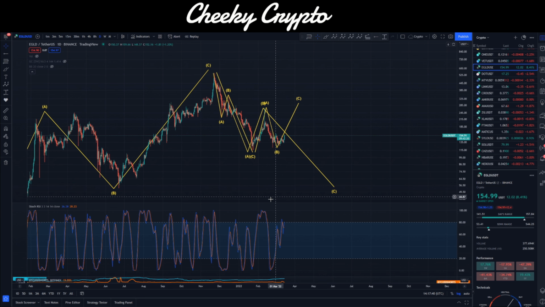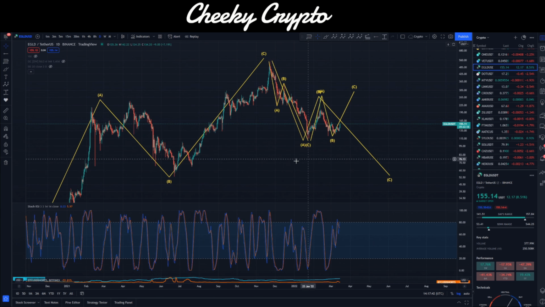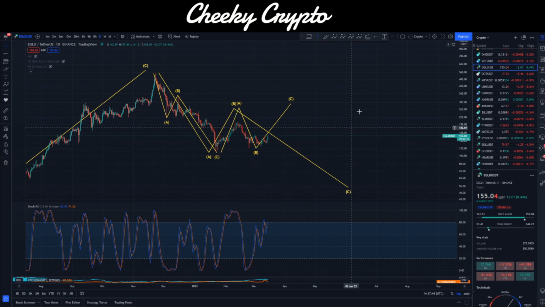So two scenarios. Now, we're going to need a little bit of help to understand what's going on and what is the most probable. For that, we're going to take a look at a momentum indicator, the stochastic RSI. This is on the daily chart, and we're almost overbought. So we should be expecting some kind of pullback that corrects this stochastic RSI. This is very much aligned to thinking that we are more than likely going to be dropping down rather than going up.